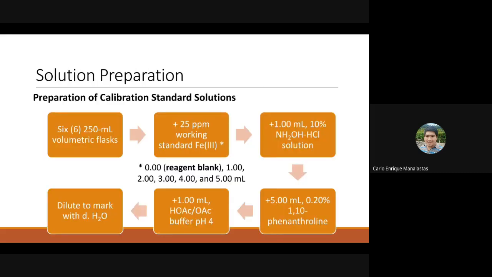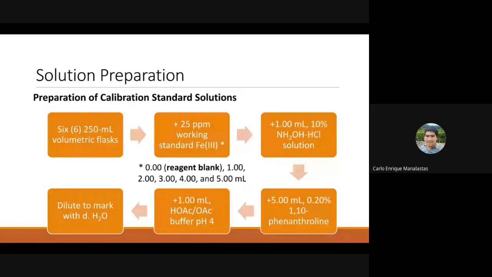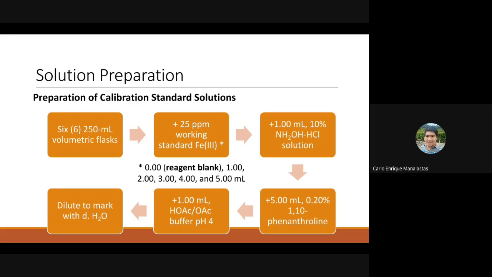For this experiment, you need to prepare the following solutions. You'll prepare 6 calibration standard solutions. You will add appropriate amounts of your working standard iron(III) solution.